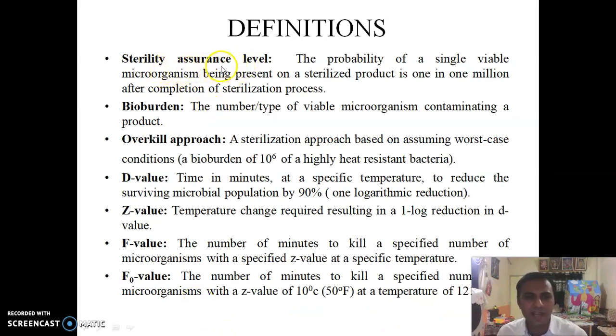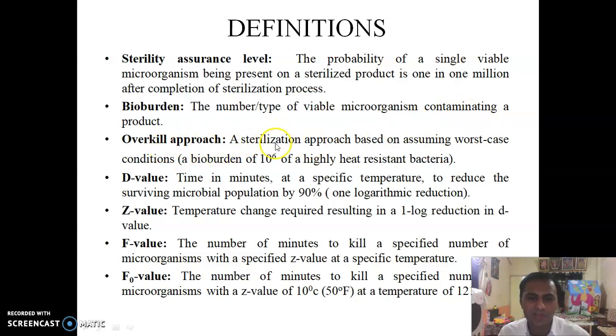Definitions. Sterility assurance level: the probability of a single viable microorganism being present on a sterilized product is 1 in 1 million after completion of the sterilization process. Bioburden: the number and type of viable microorganisms contaminating a product.